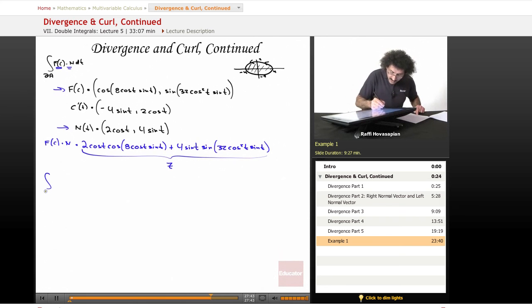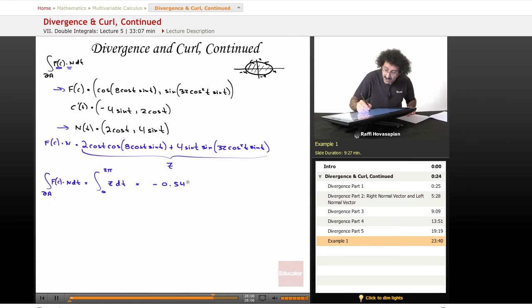Therefore, the integral around the closed curve of f of c dot n dt, in other words, the flux of this vector field across this closed curve, is going to equal the integral from 0 to 2 pi of this z dt. When I put it into my math software, I get the number negative 0.5466.